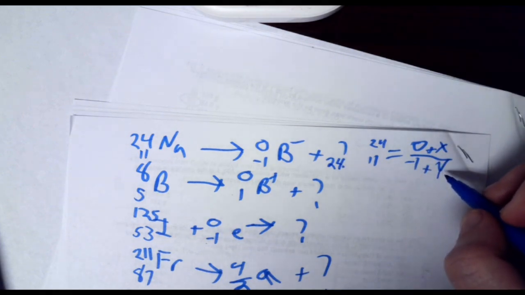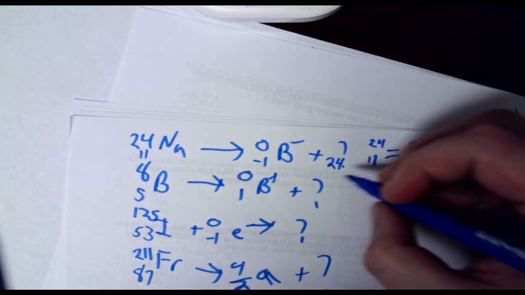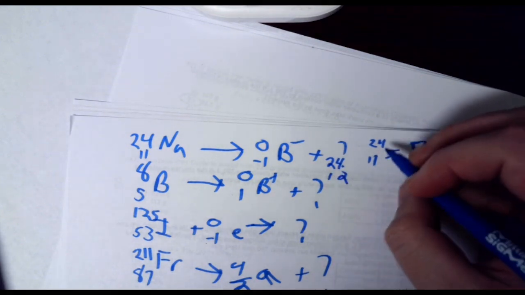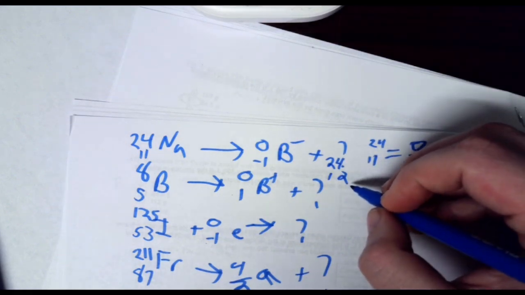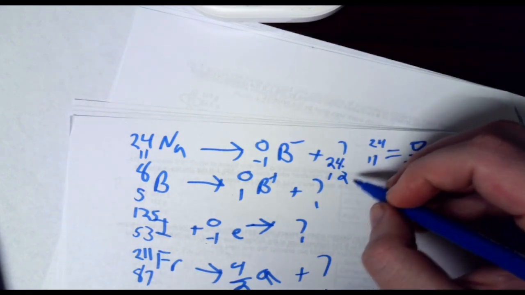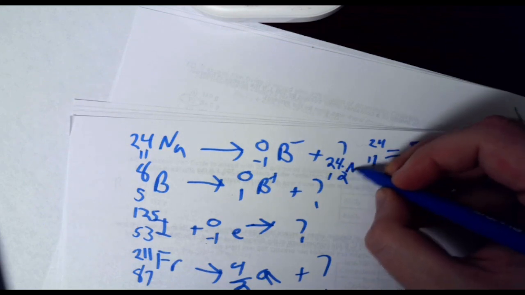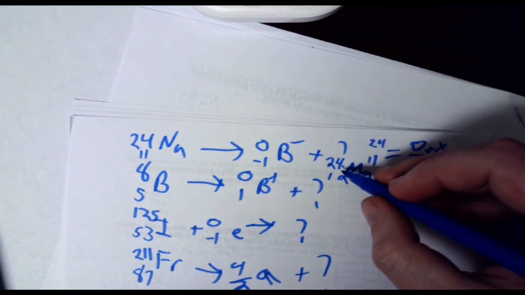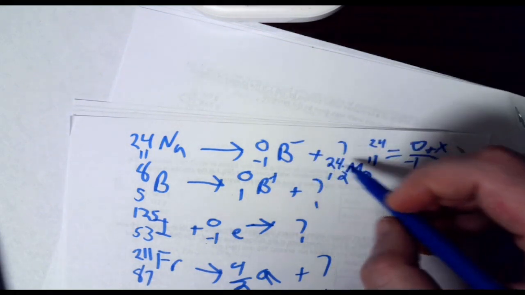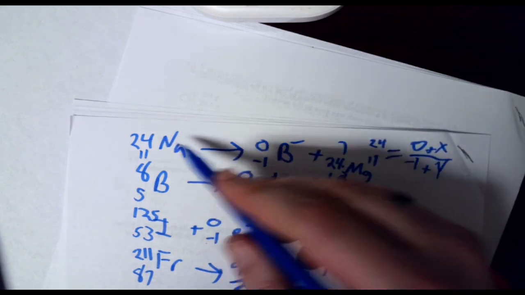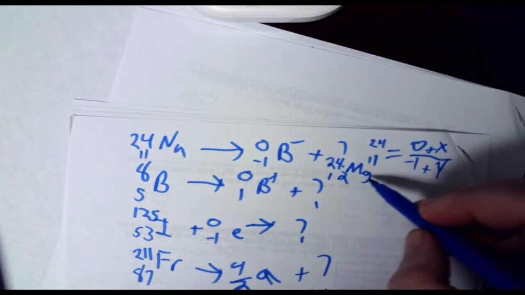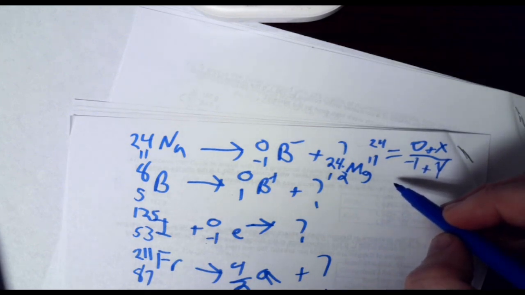Well, what number plus negative 1 would equal 11? That would be 12. So 24, 12. Element 12 is magnesium. So, of course, beta always moves it one to the right, so that is magnesium. The mass number is still 24, but it's moved one element to the right.